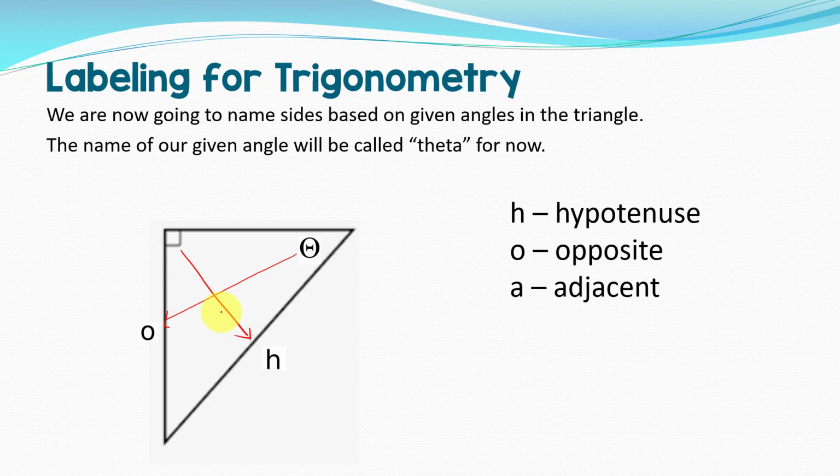So hypotenuse is the other side of the right angle, opposite is across from the angle that I'm looking from, and adjacent is the one sitting right next to the angle in question. You can touch it. So I want to be able to label all three sides of my triangle.